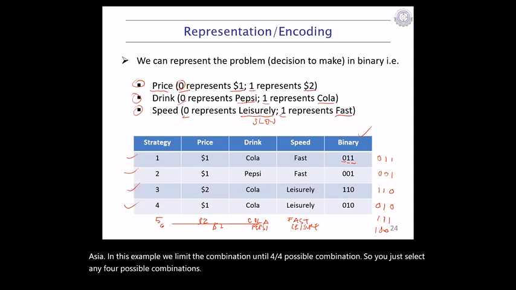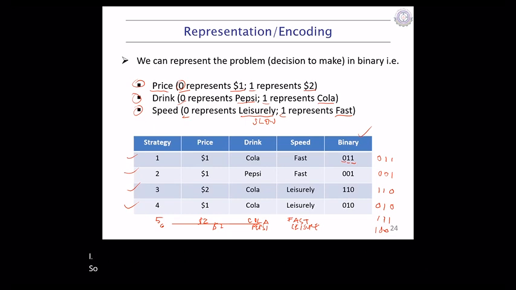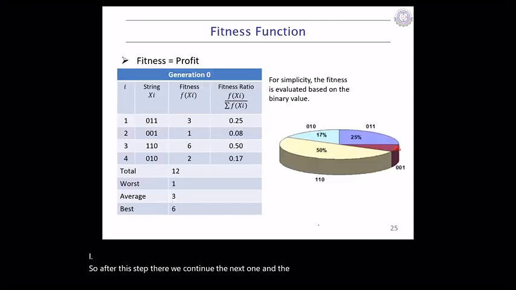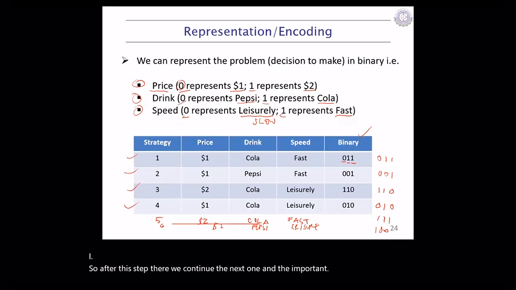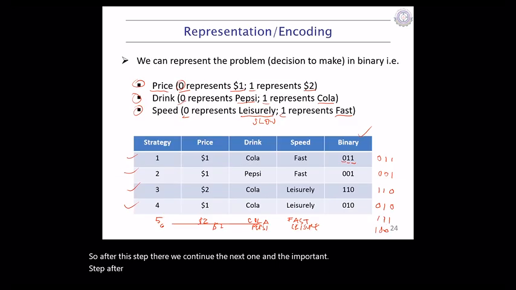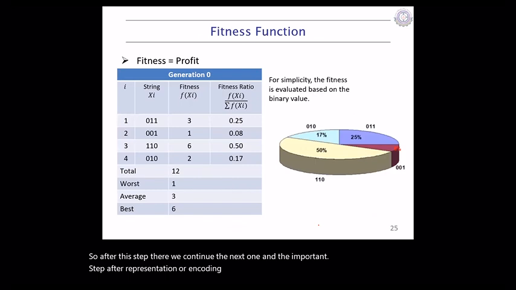Right. So after this step, we continue to the next important step, after representation, or encoding: the fitness function. In this case, we are given the fitness ratio. This is the formula of the fitness ratio.